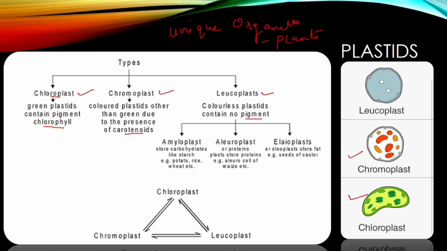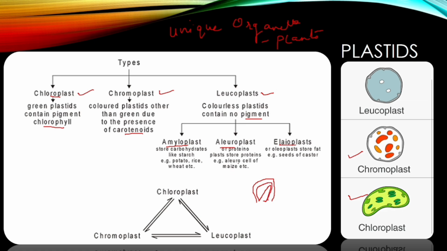Now amyloplast is generally carbohydrate. Amylo, this word is for carbohydrate. Aleuro is for proteins, and the elaioplast is oil, that is your fat. Okay, I am talking about the plants, children, here. In maize seed, I hope you remember, we have an aleurone layer, right?